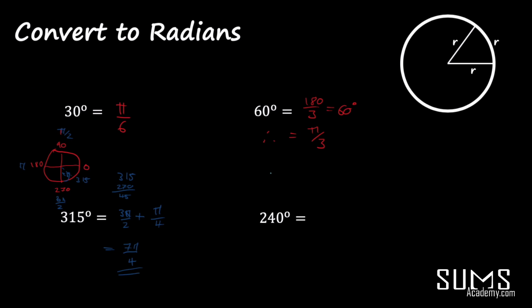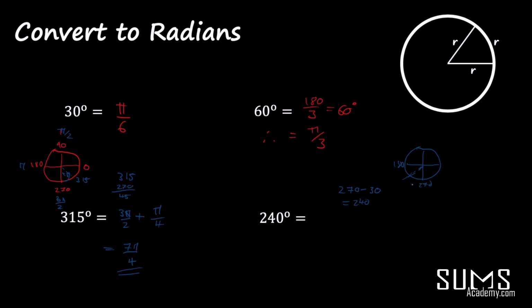Same idea here. This is 240 degrees. So again, you can draw your circle. This is 270 down here, this is 180. So I know that this 240 is somewhere in here. I can either think how much further on than pi it is, or how much less it is than 270. So I know that 270 minus 30 is going to give me 240.